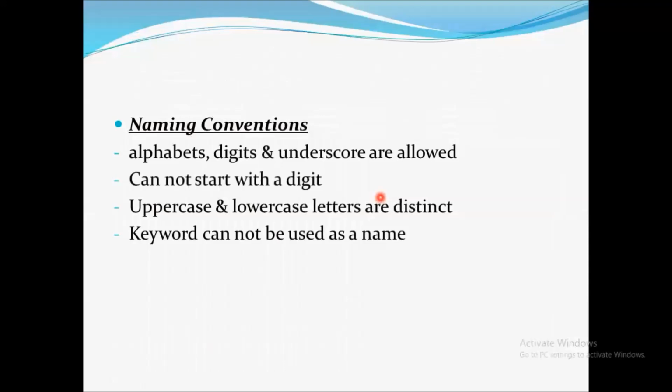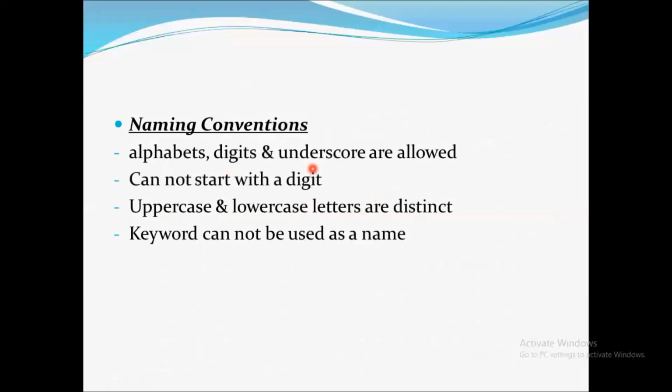To declare any variable name, there are a few conditions set by the compiler that you have to follow. Not just for the variable name, but for the function name or any identifier declared in your program should follow these naming conventions. And what are those? Alphabets, digits and underscores are only allowed inside a variable name.